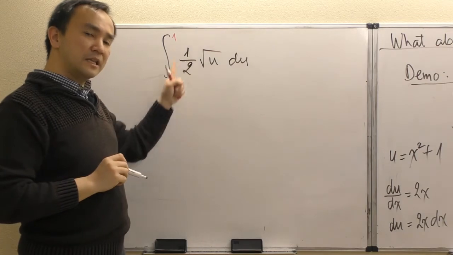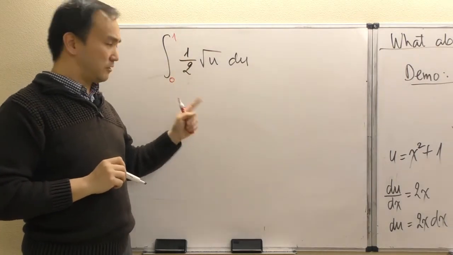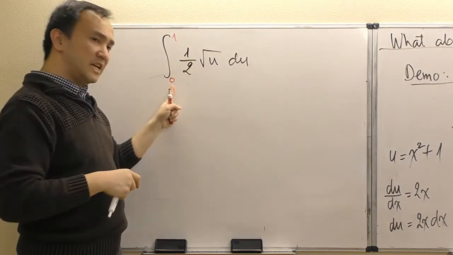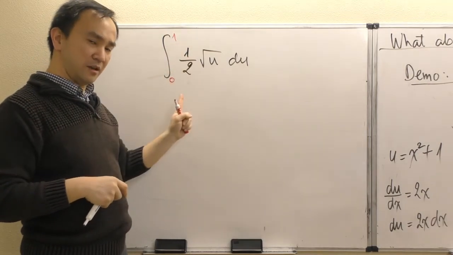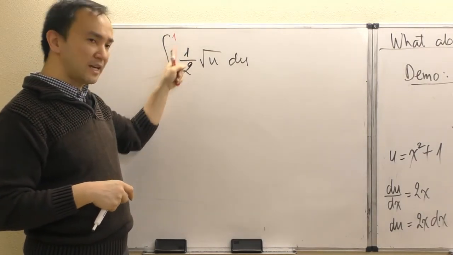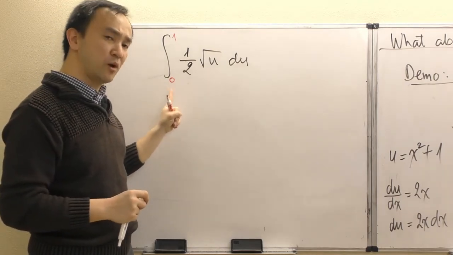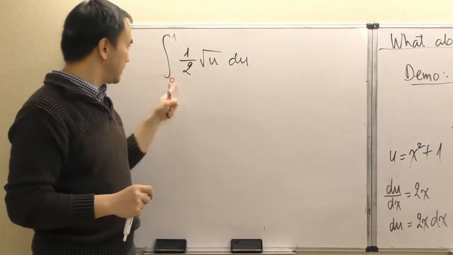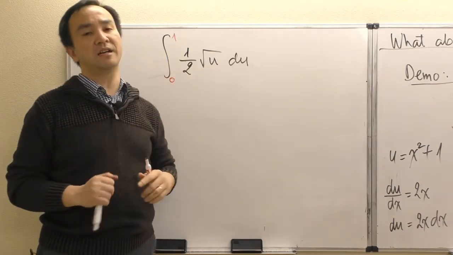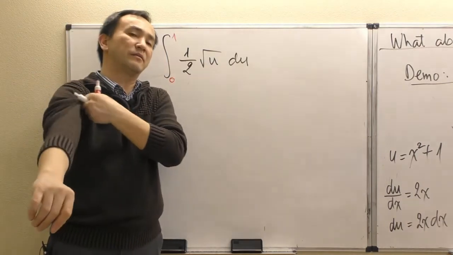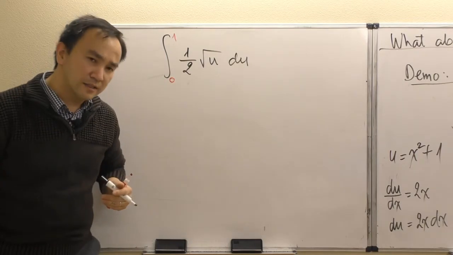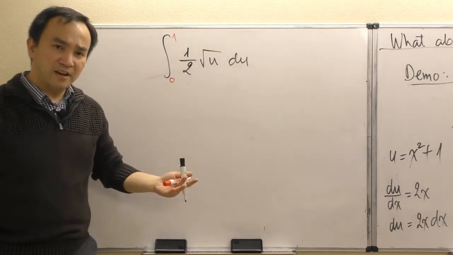I write these two in red ink because really these also need to be substituted away, because the values right now are in respect to the x variable. So if you plan to plug it in, you have to plug it into the x variable. You can take these values and plug them into u at the end. Because at this point, anyone learning about this lesson is pretty much fluent with the fundamental theorem of calculus.